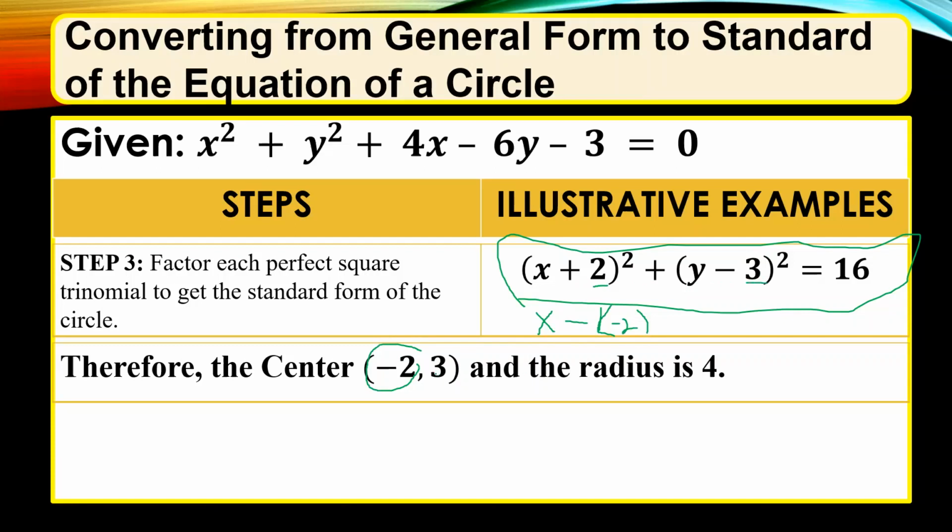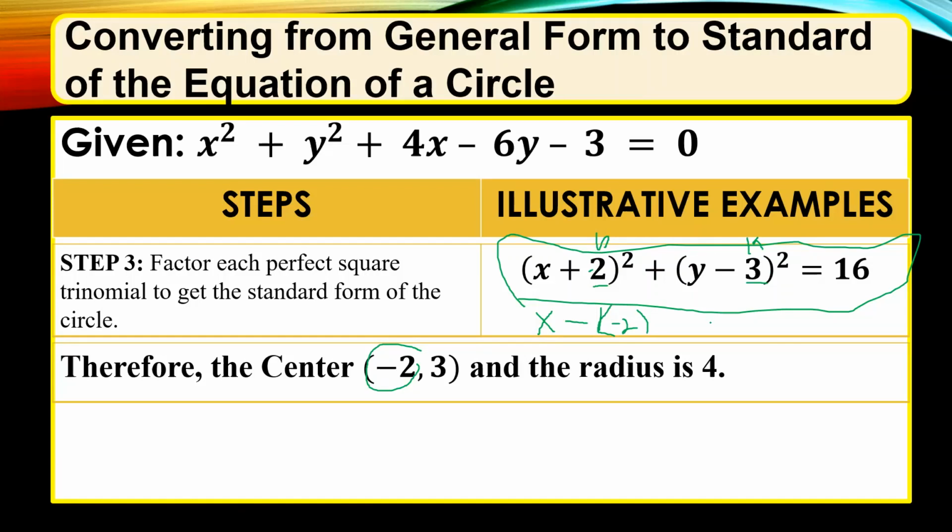Since the standard equation of a circle is (x − h) squared plus (y − k) squared equals r squared, this is h and this is k. Then here, h is negative 2 and k is positive 3, and the right side is 16.